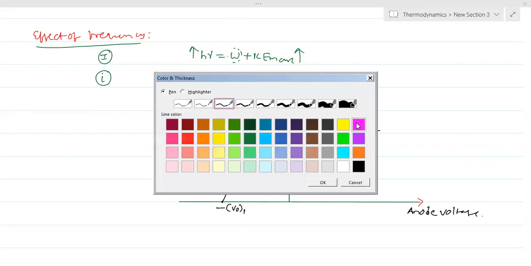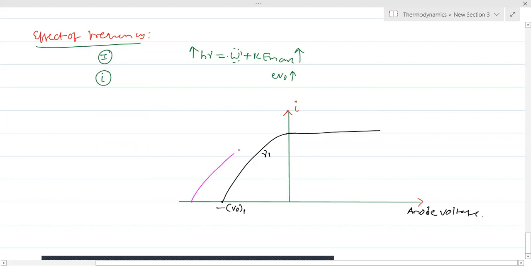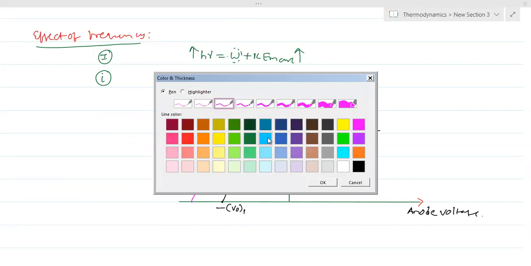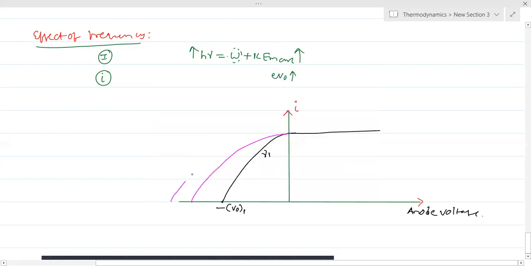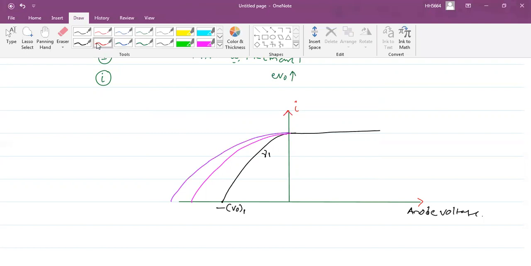Therefore I am taking another representation. If you are thinking of another frequency, we may get a graph like this. For some more higher frequency, we may get another graph. Now we will analyze these parameters.